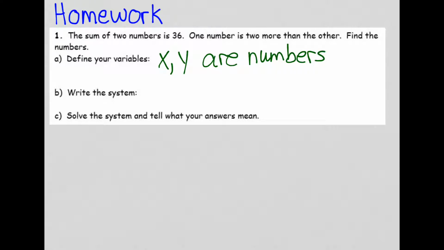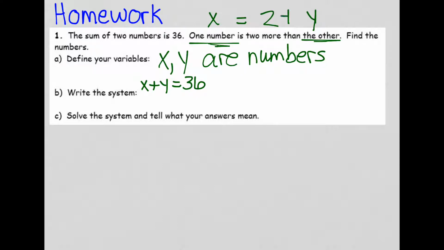Now, the sum of two numbers is 36. That means if I add my two numbers together, I will get 36. It also says that one of the numbers, I don't know which one, let's just say X, is, that's an equal sign, 2 more than the other number. Well, the other number right here is Y. And what does it look like if it's 2 more than that?